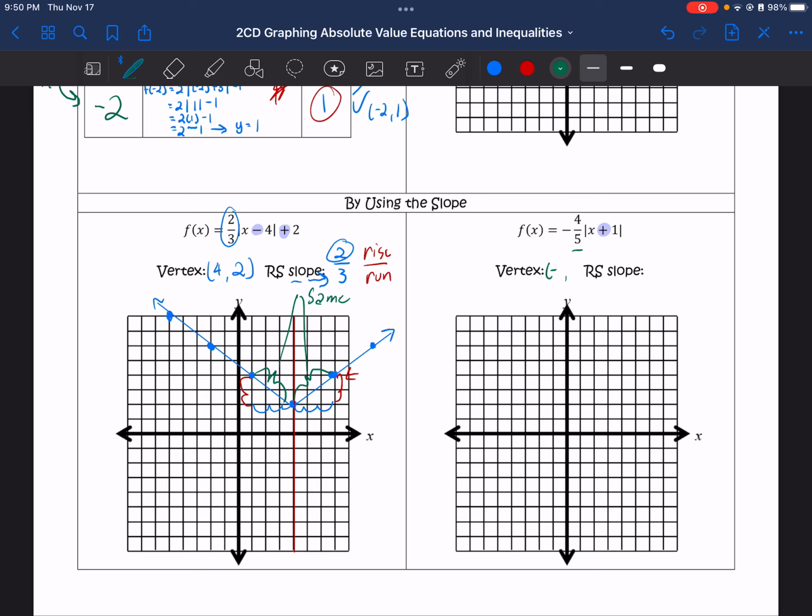Nothing is not just no number. It is actually a plus 0. So actually our k, our y value, is going to be 0. So we have a plus 1. So we're going to say that our x value for our vertex is minus 1, giving us a vertex of (-1, 0).